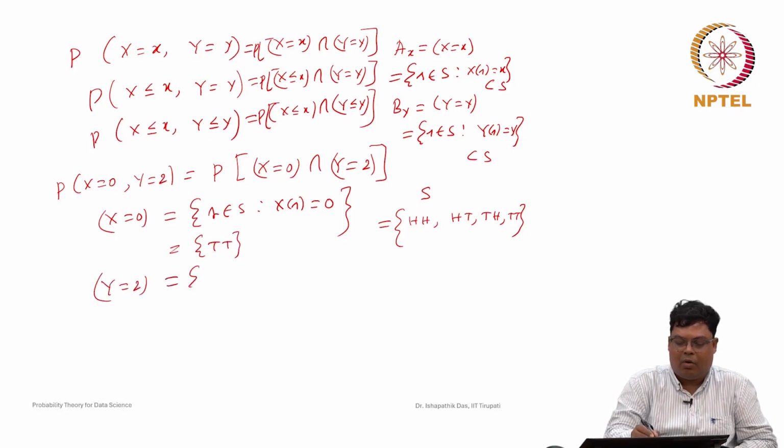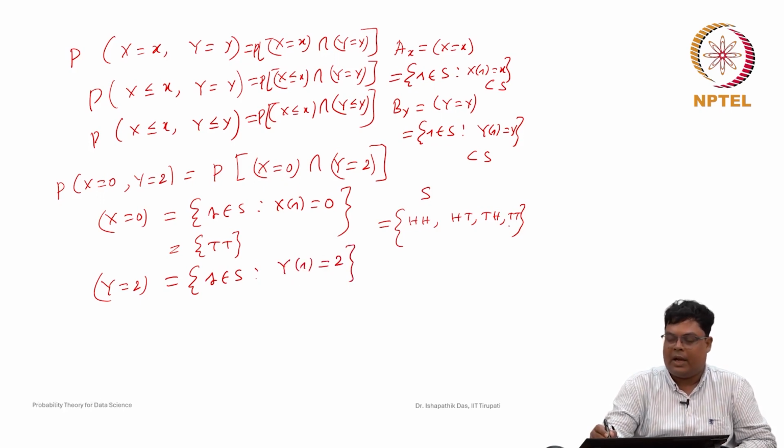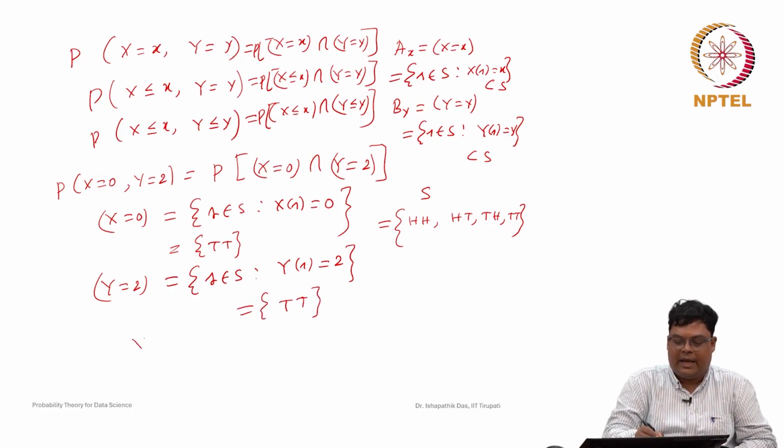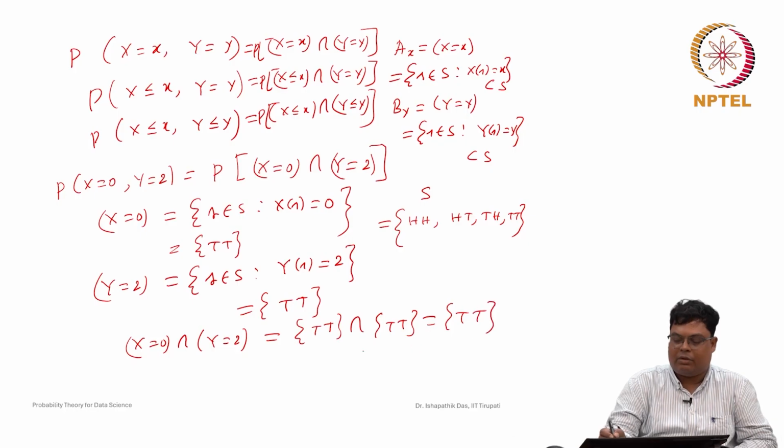Now, how to find Y is equal to 2? It is all s belonging to S such that Y(s) is equal to 2. Y is defined by the number of tails. The number of tails being 2 is again tail tail. So, X equal to 0 intersection Y equal to 2 is the same event in this example, as in the previous case as well.